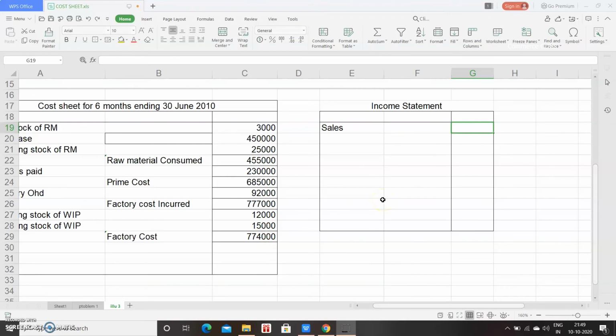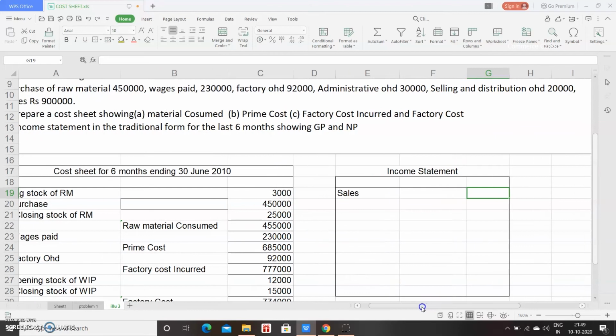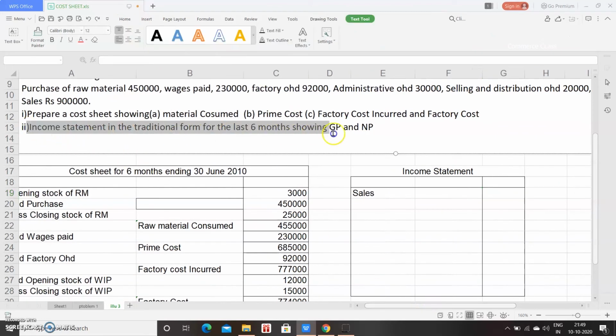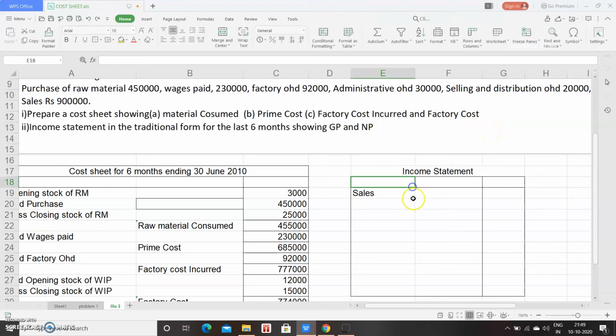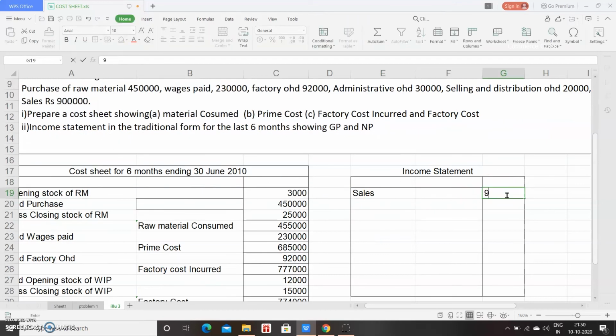Now let us prepare the income statement. We will prepare it to find out the gross profit and net profit of this particular organization. Gross profit is sales minus cost of goods sold, right? Sales is already given here at 9 lakhs, so let me put 9 lakh here. With this I'll simply deduct COGS, cost of goods sold. What is cost of goods sold?